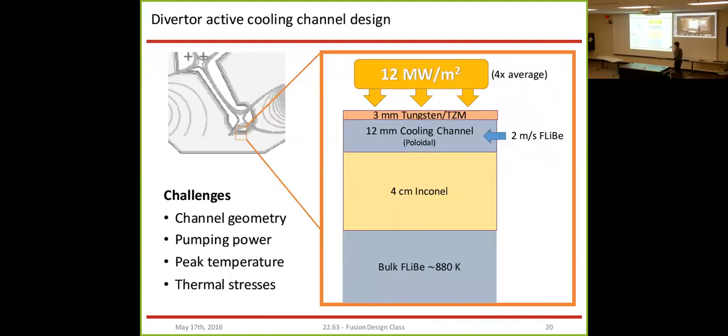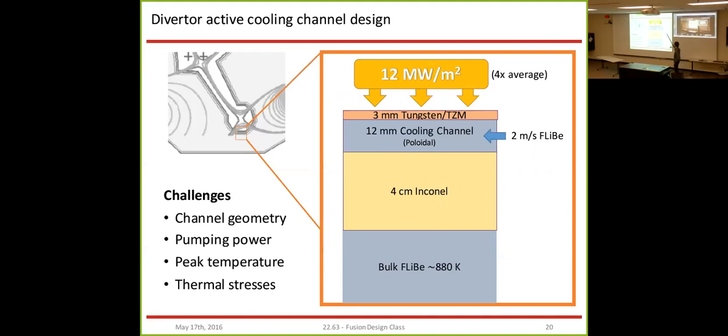So moving on to the design of the active cooling channels, what is shown here on the right is a slice of the divertor cooling channels. On the top, we designed for a 12 megawatt per meter squared heat flux. And so this is 4 times the average heat flux that we expect to see. And this is for margin and also possible peaking factors.